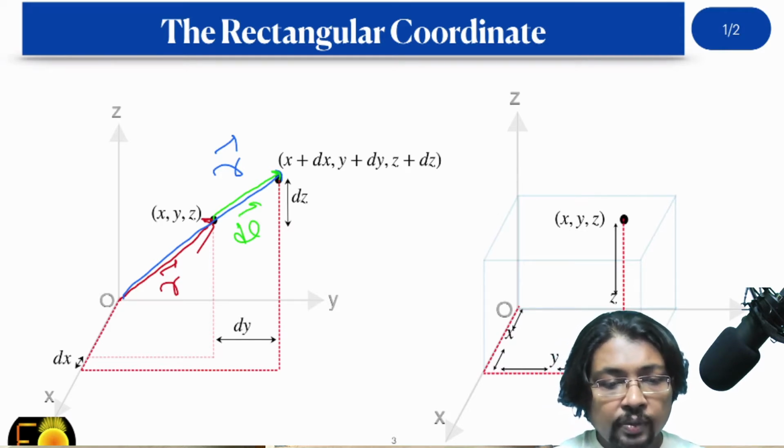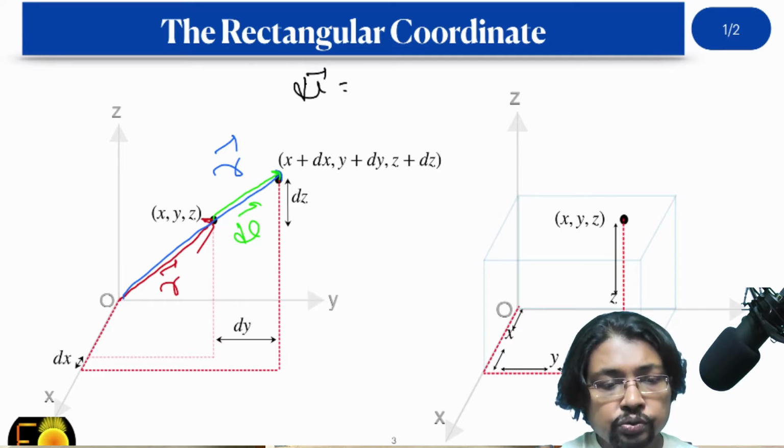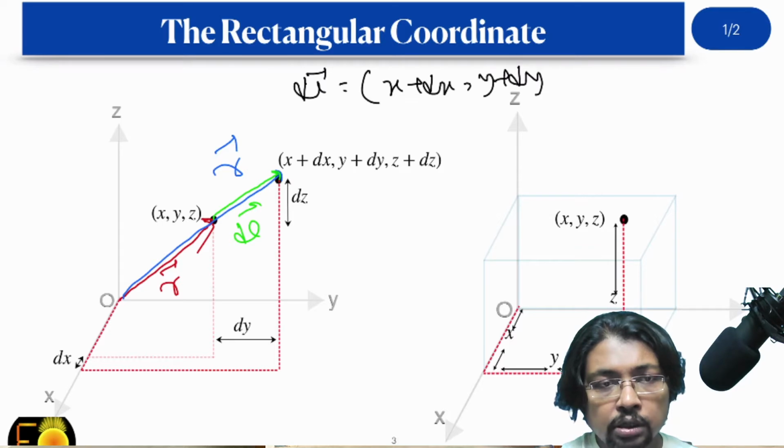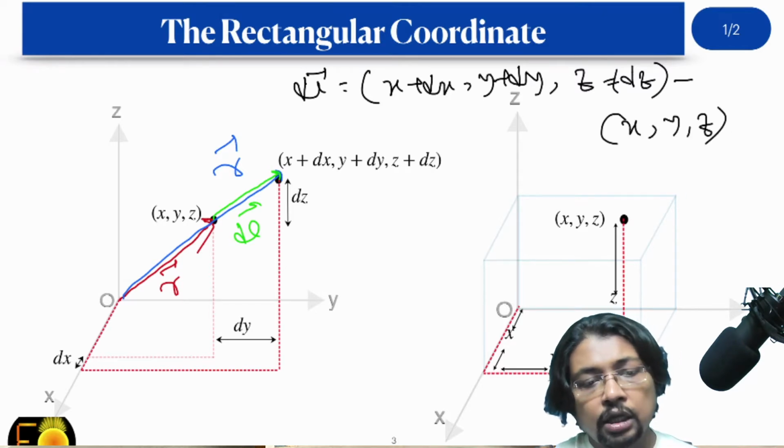So therefore, I can easily write that dl is equal to (x plus dx, y plus dy, z plus dz) minus (x, y, z).